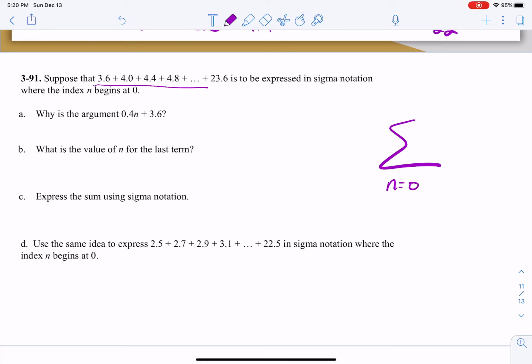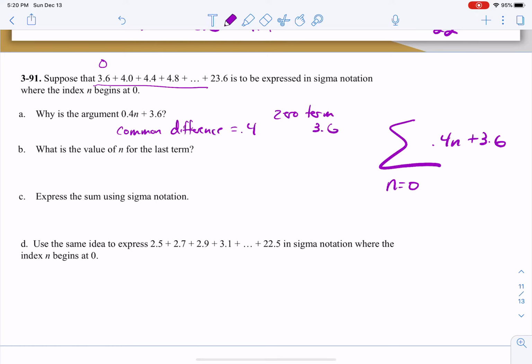So we're going from 0, stating that 3.6 is the 0 term. So why is this the argument? So we have a common difference of 0.4. And the 0 term is 3.6.